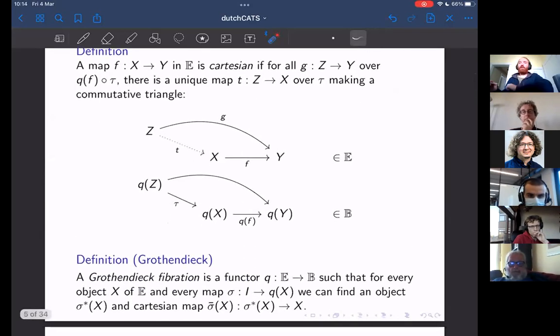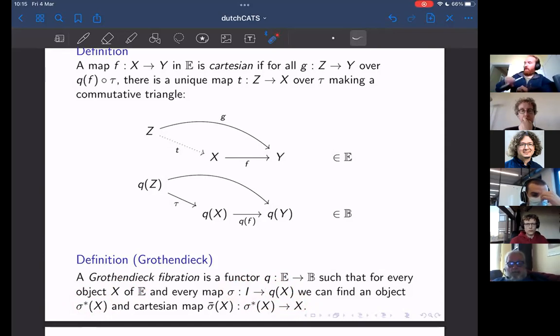Okay, and then a Grothendieck fibration just says that for every object X of the total category, as this E is called the total category, and every map sigma from I into the indexing object for X, we can find an object sigma star X. I like to call this a re-indexing of X, and a Cartesian map from the re-indexing to X that witnesses that it is a re-indexing.